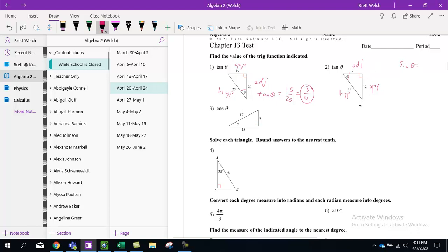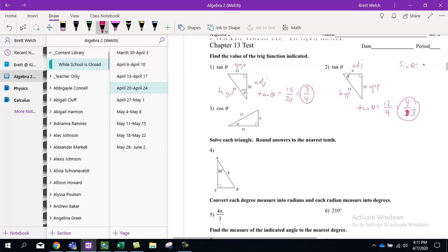So for the tangent of theta, the answer to the actual question, it would be the opposite, 12, over the adjacent, 9. Again, these reduce by 3, producing 4 over 3, which is great. That's our answer. But I want to make sure that we're clear on how to do that. That is terrible. Start that over. 4 over 3. There you go.